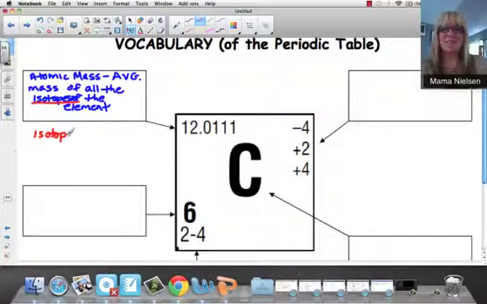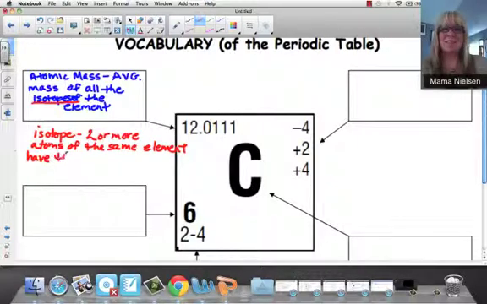Isotopes are two or more atoms of the same element, and they have the same atomic number, so for carbon it would be 6, but a different mass number. And that's because they differ in neutrons.